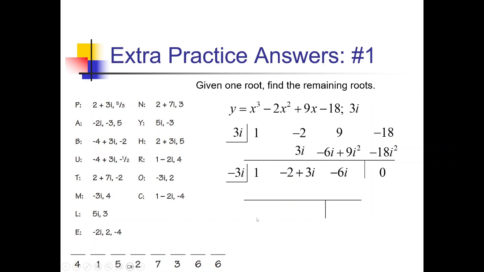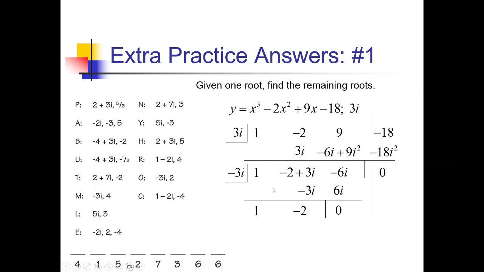So, bringing down this 1, we've got -3i times that, gives me -3i. The positive 3i and the -3i are going to cancel when I add these together, so that's just -2 left over from that. And -3i times -2 is +6i, which cancels out the -6i to give us 0.